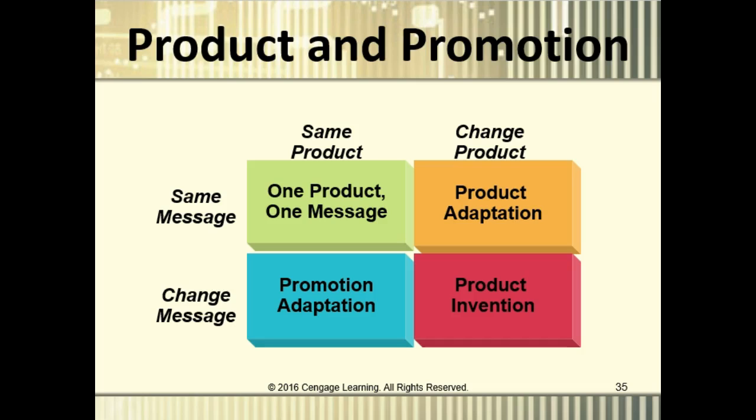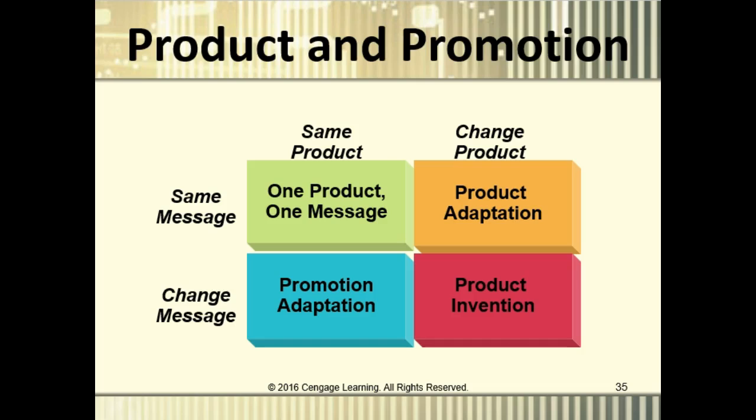Nothing changes. Product invention is creating a new product or changing an existing product in a big way. Product adaptation, this is where products, and when we say products, just keep in mind that this also does include packaging, are altered a little bit just to be able to meet any kind of local conditions or considerations in the foreign countries.